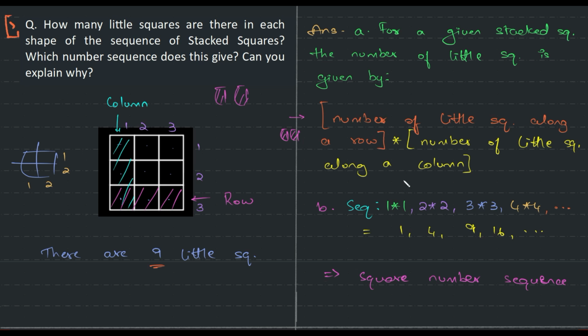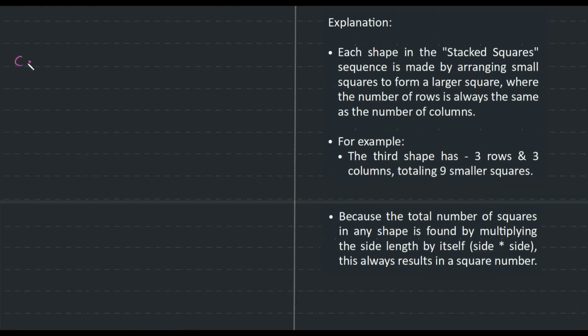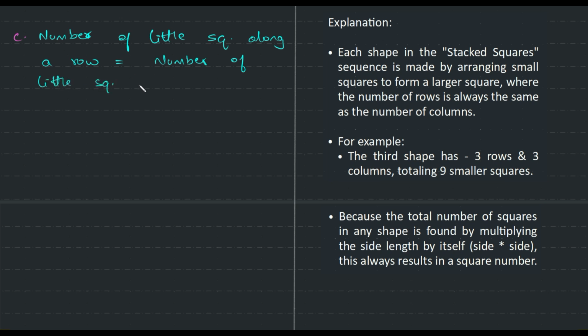Link this to the number of little squares along a row, it's always equal to the number of little squares along a column. The reason is nothing but the number of little squares along a row is always equal to the number of little squares along a column.